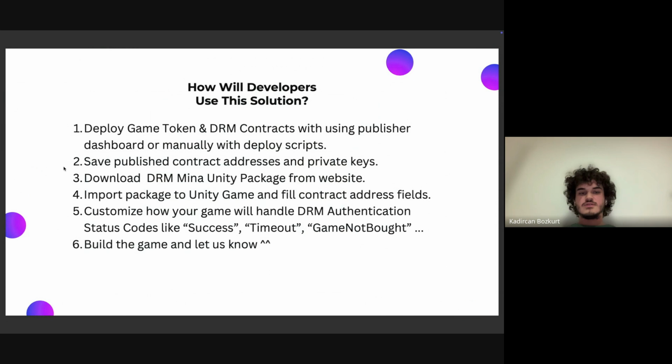They should save the published contract addresses and private keys after use, and they will download the DRM Unity package from our website and import this package into the Unity game and fill the contract address fields in the prefab object, and they can customize how their game will handle the DRM authentication status codes. Currently, we have a bunch of status codes like success, timeout, or game not owned, etc.